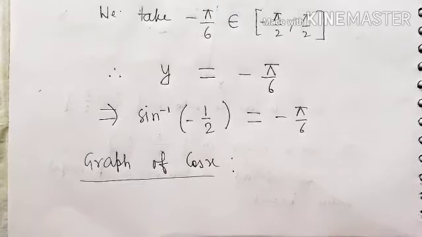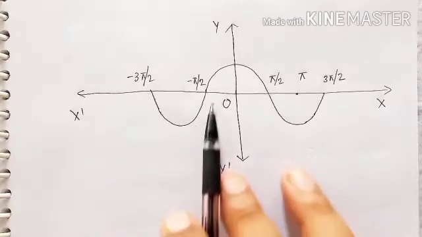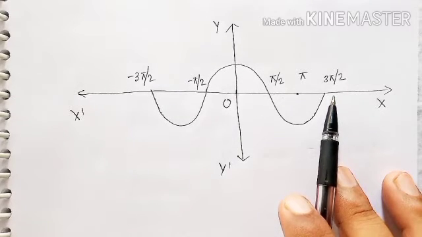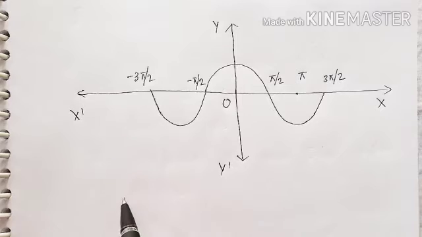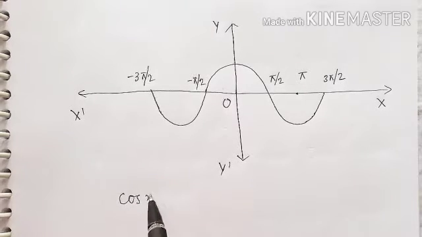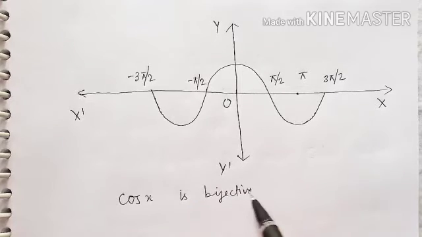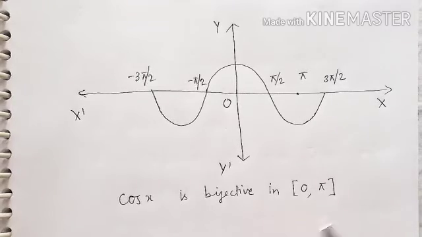Now let us deal with the graph of cos x. This is the graph of cos x, where it intersects the x-axis at odd multiples of pi by 2, because there it becomes 0. Can we say cos x is bijective in the interval 0 to pi?